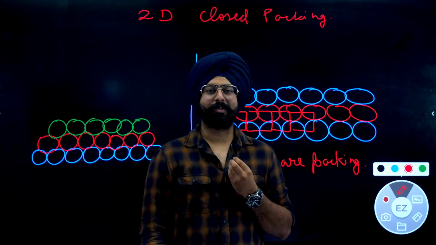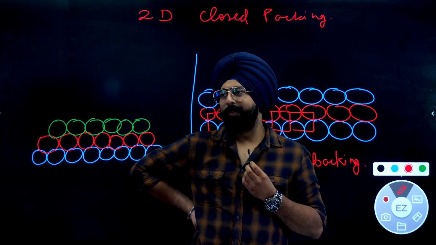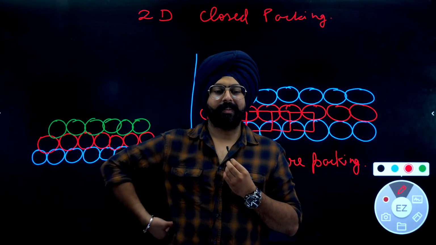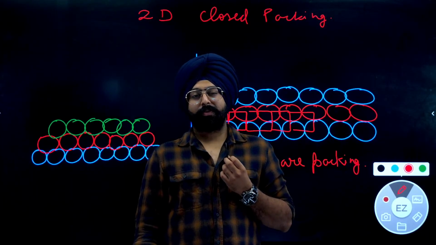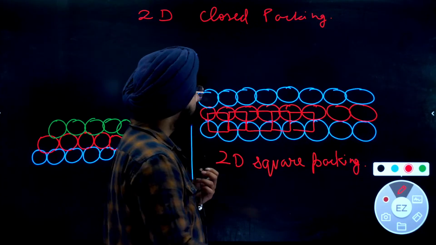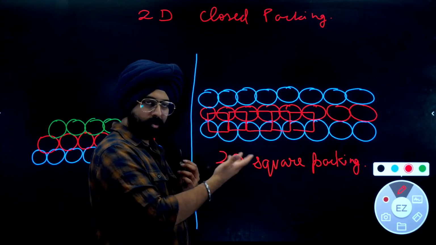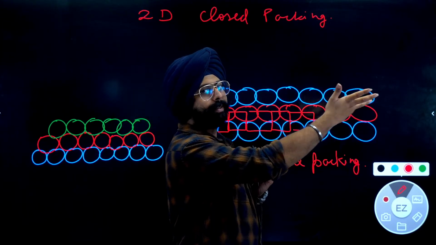So you will purchase a cart and start keeping oranges on that cart. For the first day, let's say you're keeping only 1 layer of oranges. You can arrange that 1 layer either like this, square packing. This is the top view of your cart, basically.